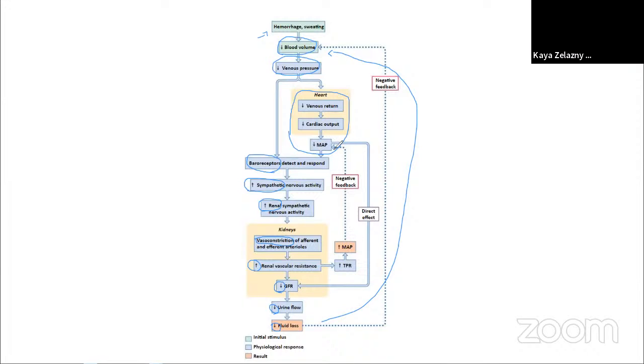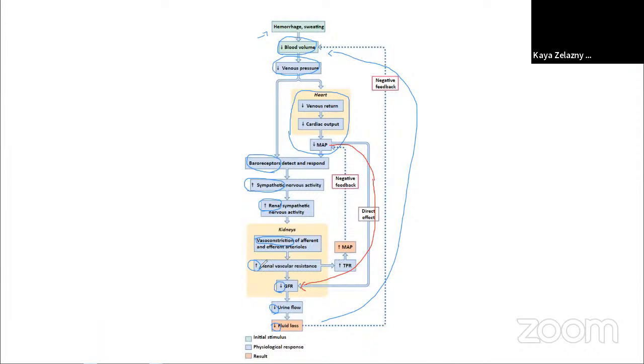We can also trace other pathways through here. So another thing we see is that that drop in blood pressure creates this sympathetic nervous pathway, but it also quite directly lowers glomerular filtration rate, because that drop in pressure means there's a drop in the hydrostatic pressure of the plasma in the glomerular capillaries.